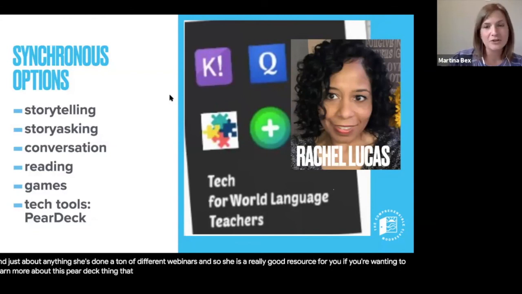Reading with your students, we did a live video in the Somos curriculum collaboration group a couple of weeks ago, looking at shared reading. So just like I have for you now, we had a slide projected and we were reading through it, and we had a few different strategies to try to engage students, because obviously when something's just presented on the screen, they can read it on their own.